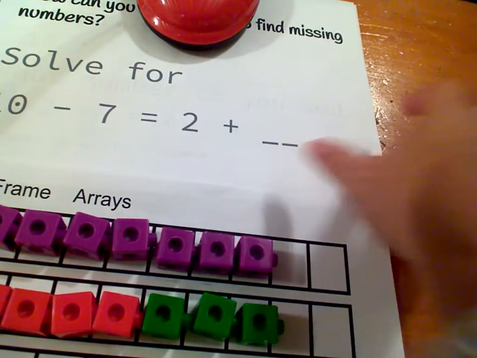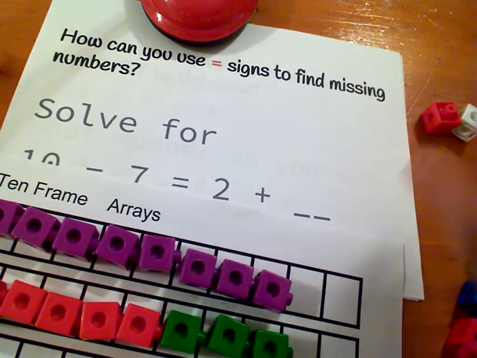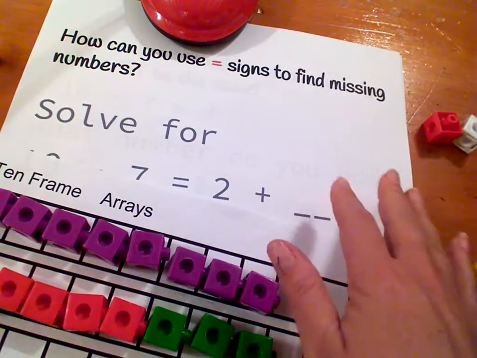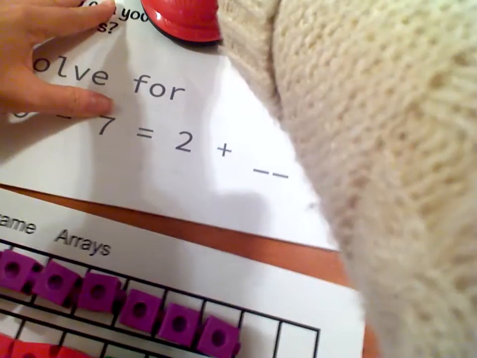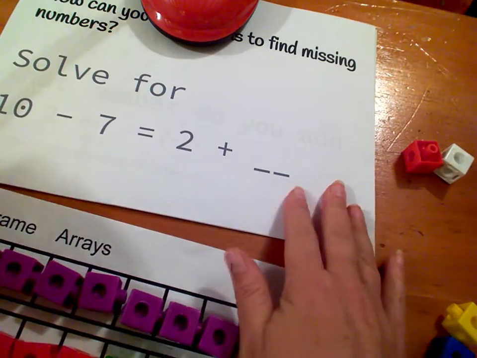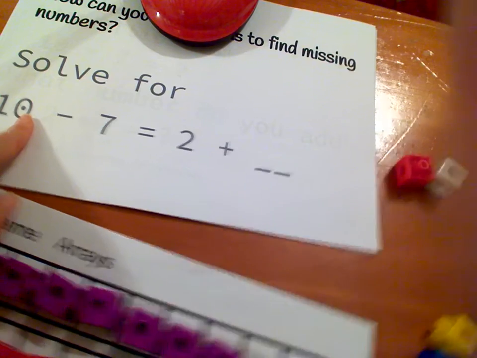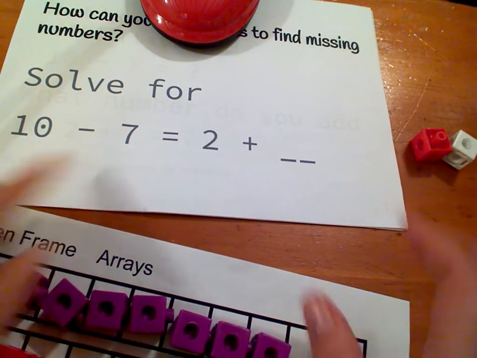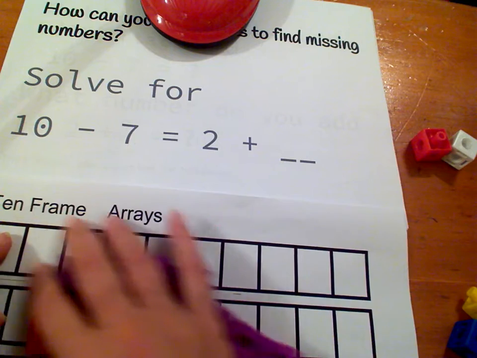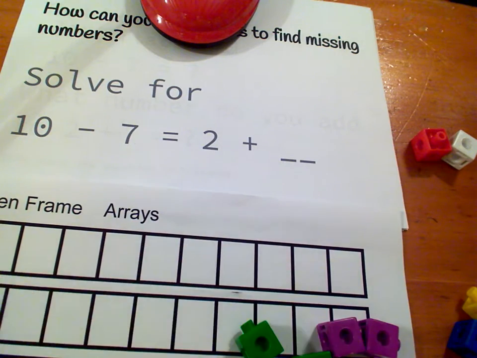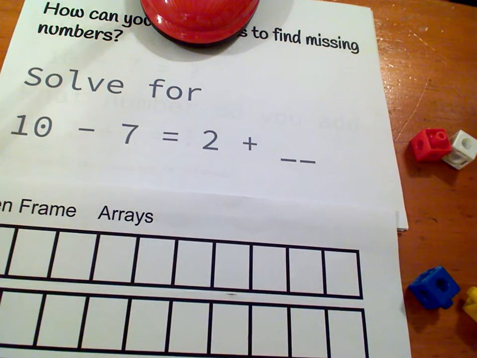All right, so can you use equal signs to help you find missing numbers? So let's take a look. So can we solve this problem? We know right here we have 10 subtract 7, but we're saying that that's equal to 2 plus 1 number. See if you can do that in your head while I'm getting it set up.